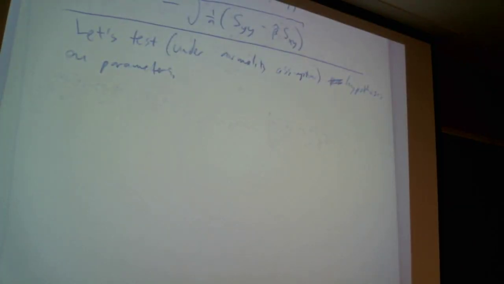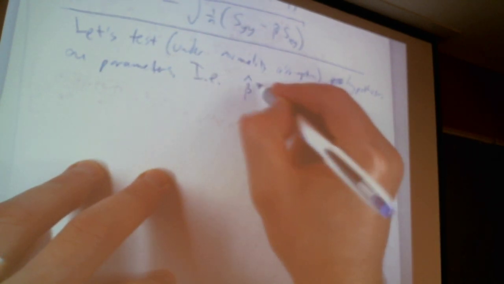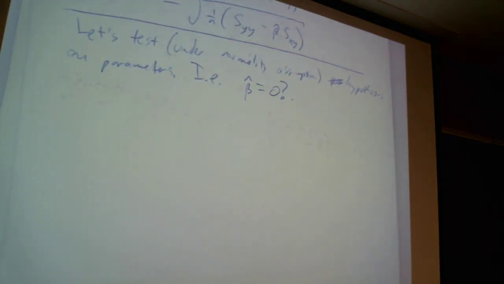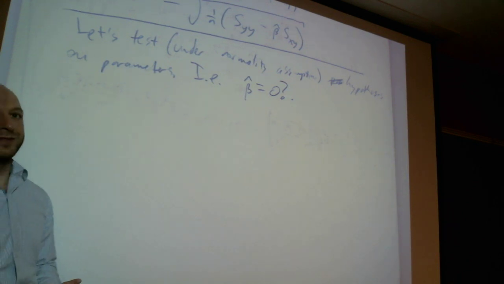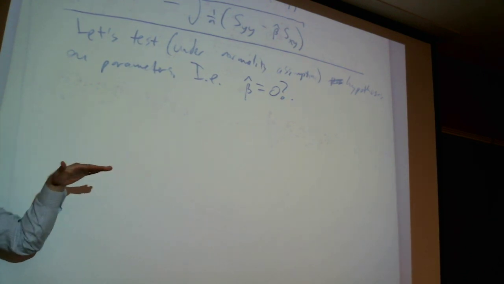The most important hypothesis you would want to test, so for example, why would I want to test beta hat equals 0? This is a good test of your understanding of all these symbols. What does beta hat represent? Like correlation between x and y. Exactly. Beta hat is the slope, right?